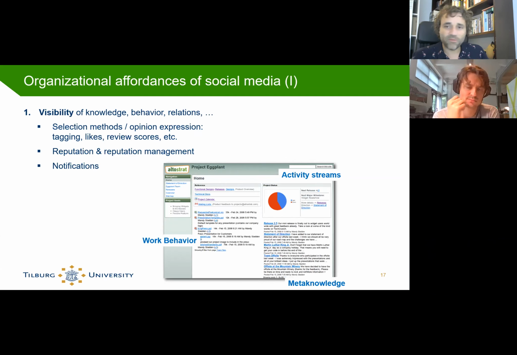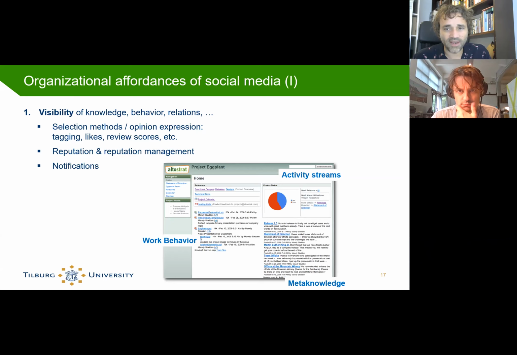Visibility also means reputation and reputation management. It's not only visibility of the things you do in an organization, so the updates you provide, the projects you work on, but also that what you see more and more in social media is that you can manage your reputation. People can give a review of what you did.